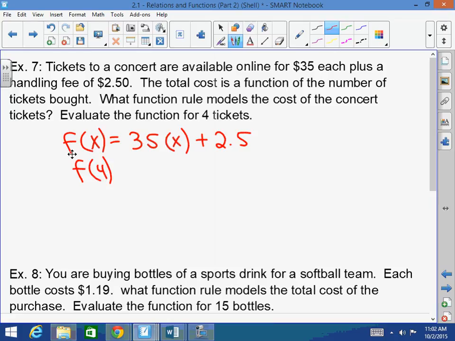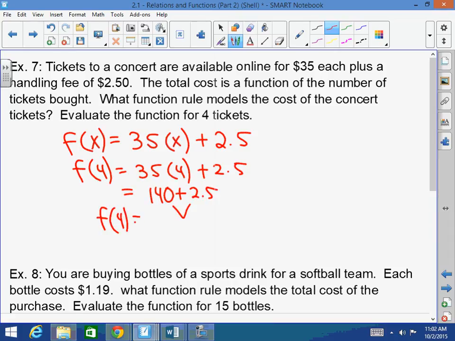So I replace the x with 4 in the function, and I have 140 plus 250, so f of 4 equals $142.50.